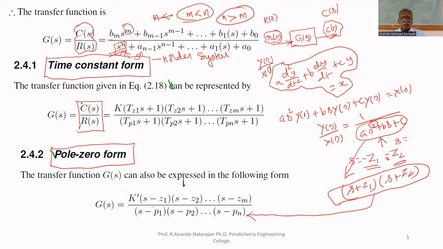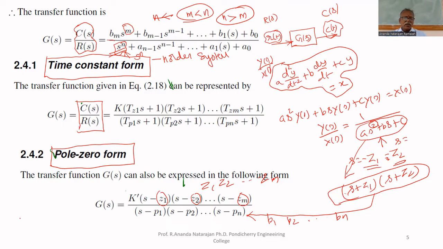So P1, P2, P3, etc., Pn, or Z1, Z2, Z3, etc., Zm. Numerator roots are called Z1, Z2, etc., Zm. Denominator roots are called P1, P2, etc., Pn. If s equal to minus Z1, then you will get s plus Z1, s plus Z2.